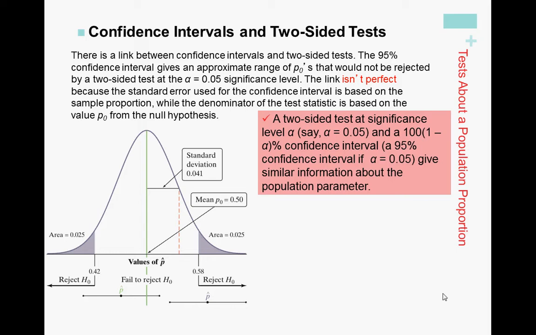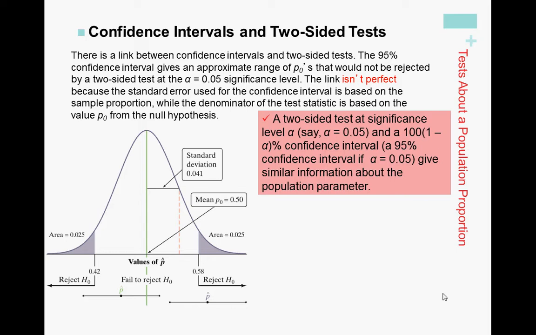So similarly, an alpha equals 0.10 significance level would give us very similar information to a 90% confidence interval. So just one, you kind of go that distance from 0, the other you go that distance from 100.